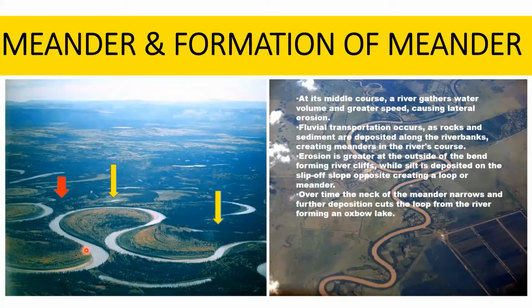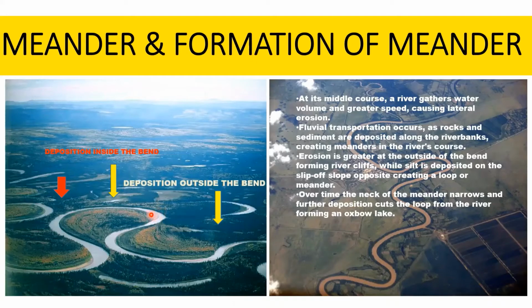When you talk about the formation of a meander, the flow of the water, that is the current, is faster on the outside of the bend because the river channel is deeper. That is, there is less friction to slow the water down, so it has more energy. So more erosion takes place on the outside of the bend, forming a river cliff.